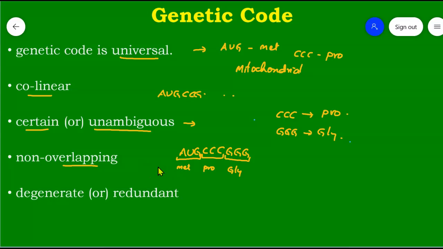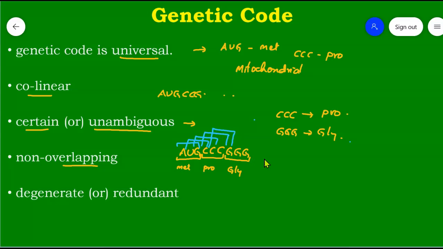If it were an overlapping genetic code, it would be like this: AUG is one codon, UGC is another codon, GCC is another codon, CCC is another codon. Likewise, it goes on like this.